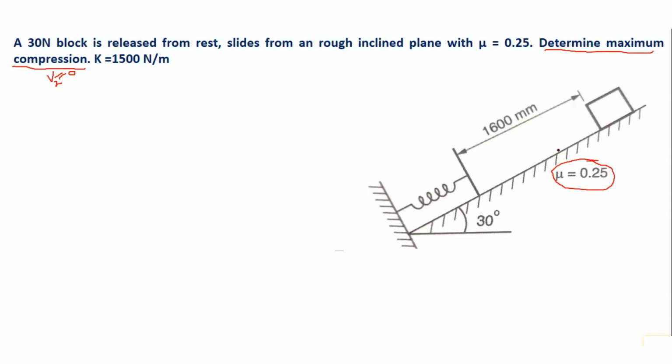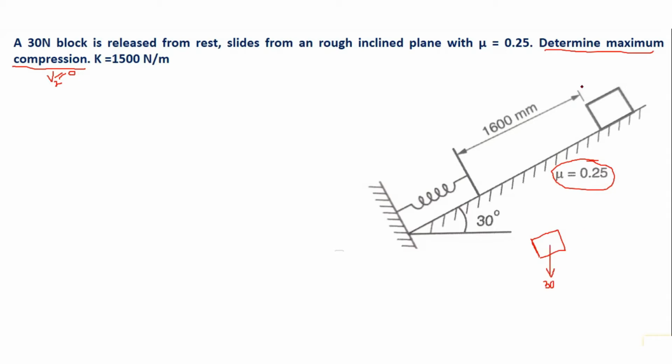So my first step in any problem of work energy principle is to draw the free body diagram and find out that normal reaction. So let me draw the free body diagram. This is the body which is under consideration. There is no applied force, but there will be self weight acting vertically downwards with a value of 30.